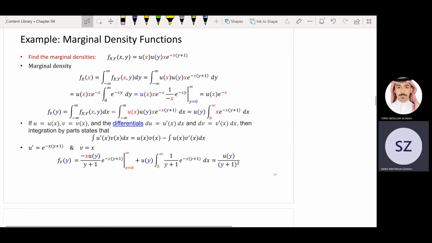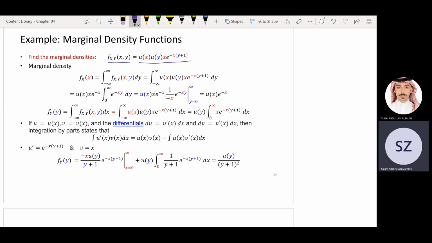Okay, another example. Find the marginal densities. Now I'm giving you this as the joint PDF. So this is a certain function in x and y with step functions u(x) and u(y). What does it mean? It's 0 for x less than 0 and 0 for y less than 0.